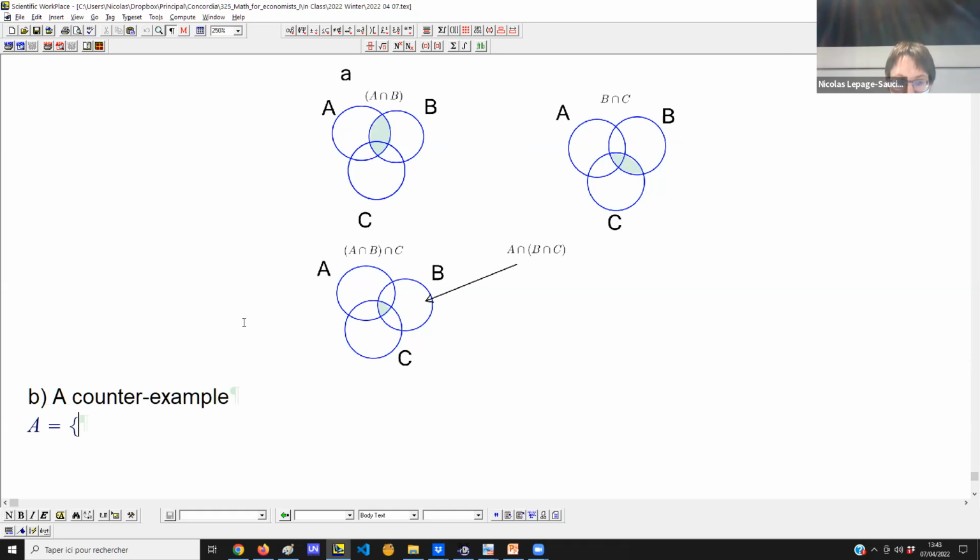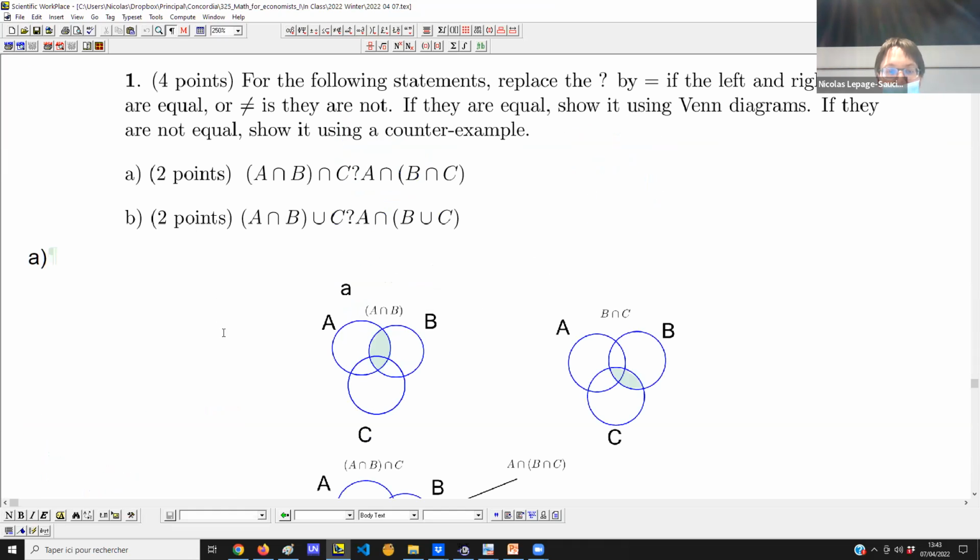A equals, 3 and 4, you said? Yeah. And then C equals what? 5, 6, 7. A good exercise just to try our luck, see what we get.